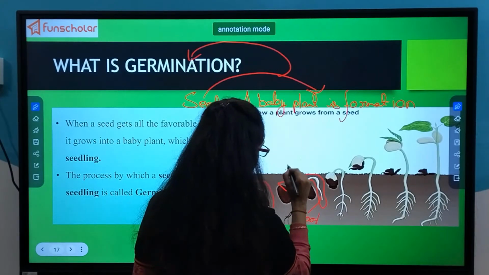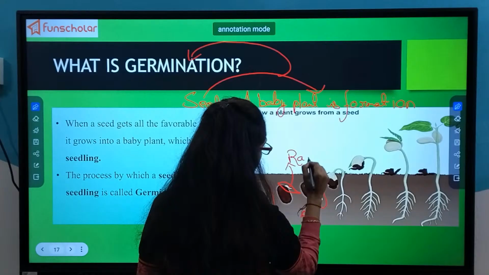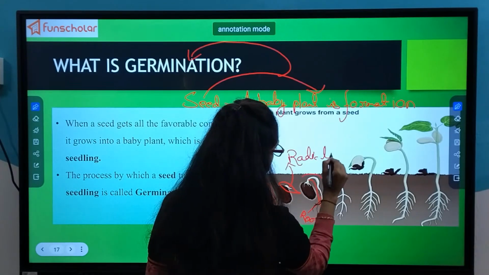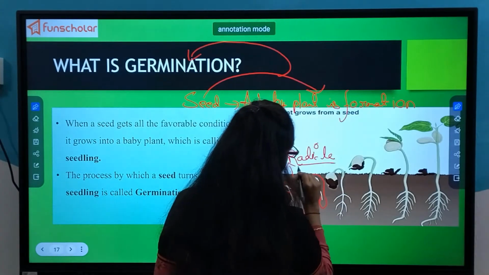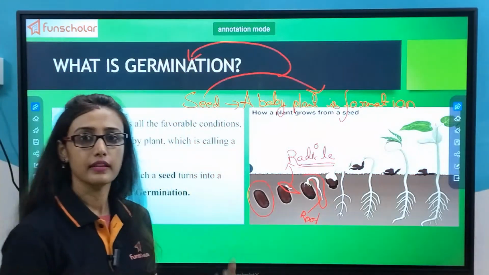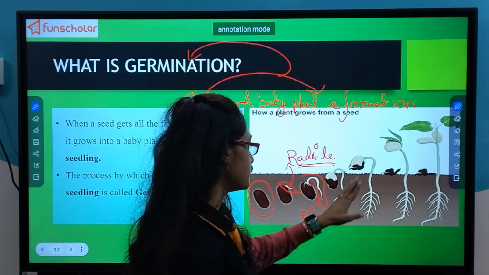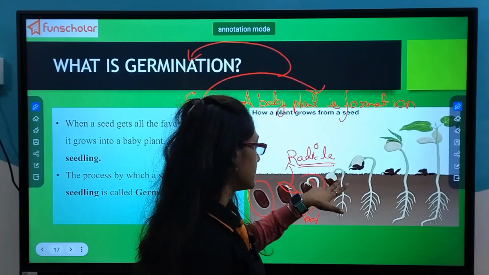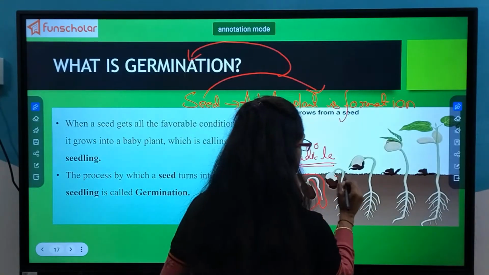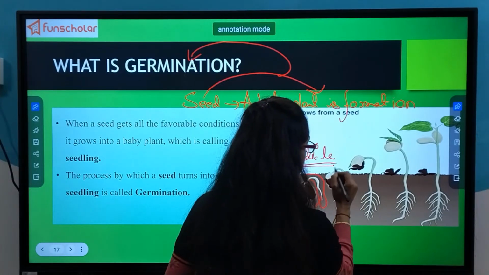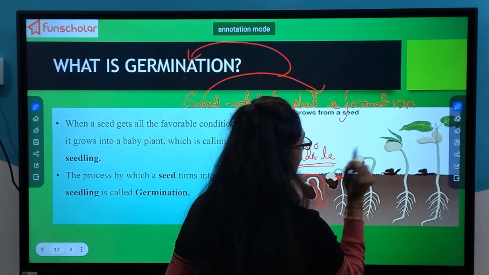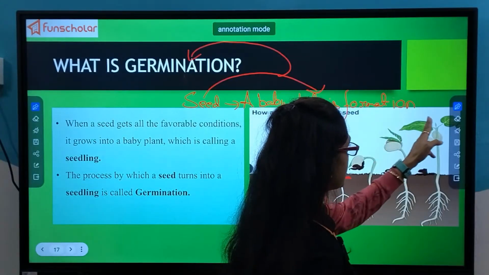This is what? Radicle. If they ask you which part of the plant comes out first, the radicle emerges first, then the plumule. See, the radicle is coming down and forming the root system, whereas the upper part is emerging out of the soil and ultimately forms leaves.